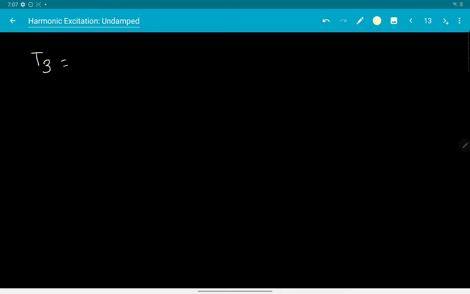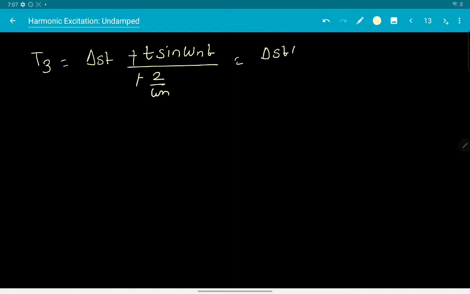Now how does it look when omega tends to omega n? It looks like delta st into minus t sine omega nt divided by minus 2 over omega n. The minus sign has gone, and it is equal to delta st omega n by 2 into t sine omega nt.